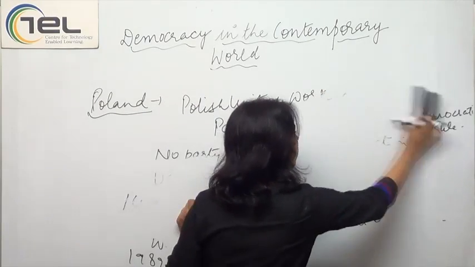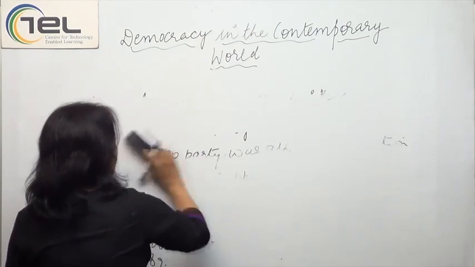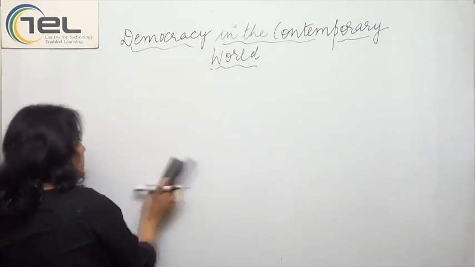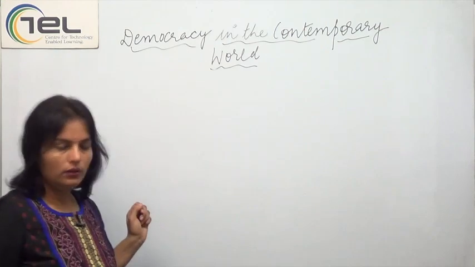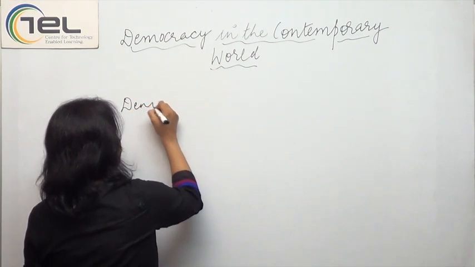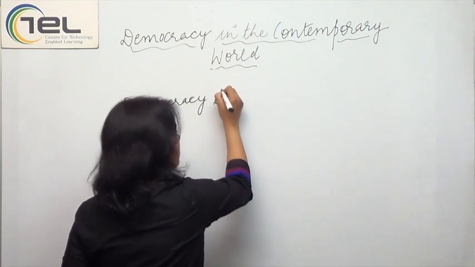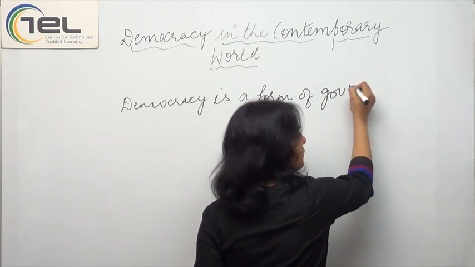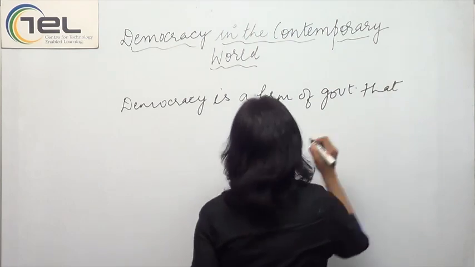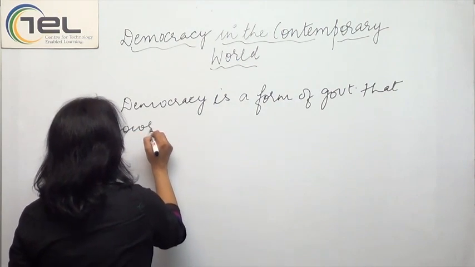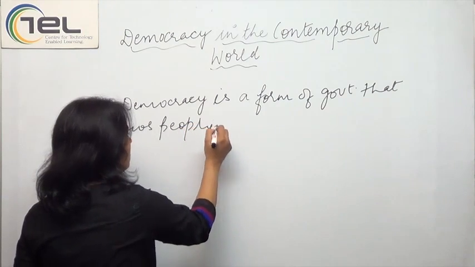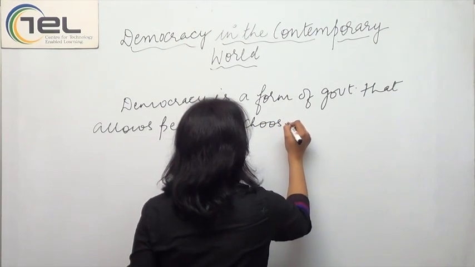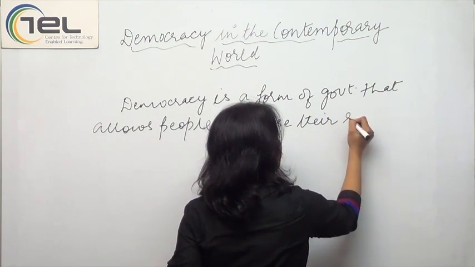democracy is a form of government that allows people to choose their rulers, where people have got the right to choose their rulers.